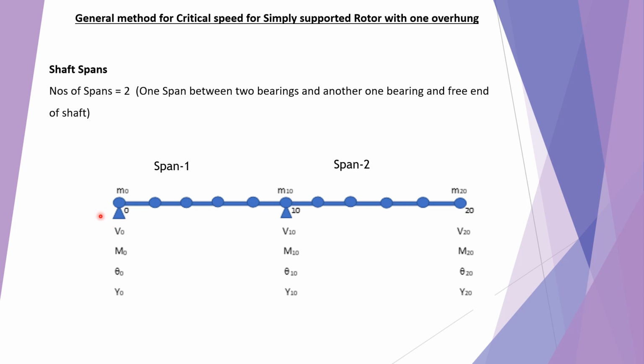Span 1 is between two bearings and span 2 is between one bearing and the free end. It has been divided into station 0 to 10 for span 1 between the bearings, and from station 10 to 20 for span 2, that is overhung.